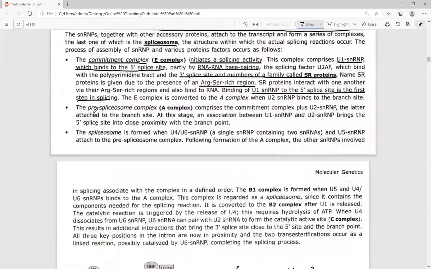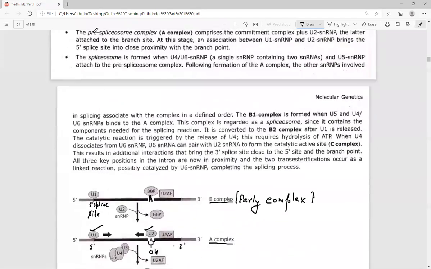Look here, the pre-spliceosome complex. The pre-spliceosome complex, referred to as the A complex, comprises the commitment complex plus U2 snRNP, the latter attached to the branch point.